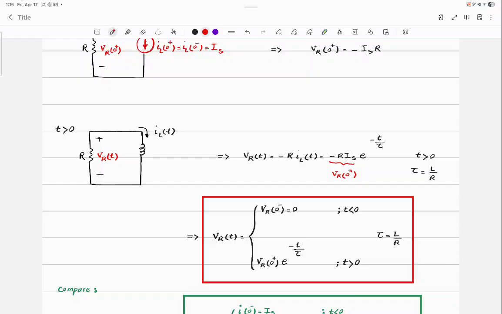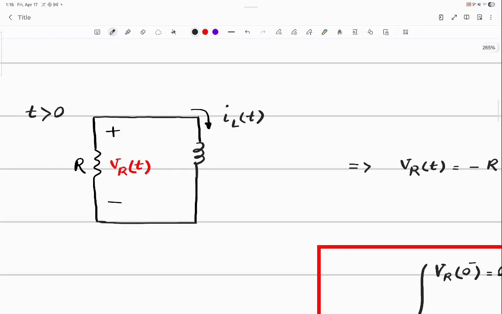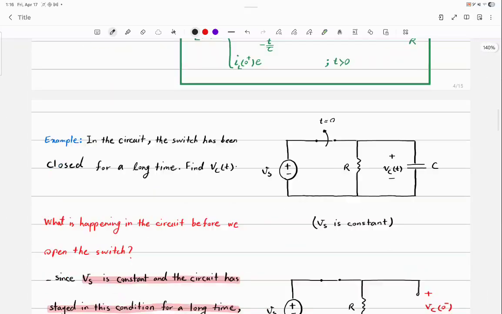What if instead of 1R, you have a whole network? Find the equivalent resistance from which terminals? The terminals of the inductor. Did that make sense to everyone? Compare it with this one, see? From the terminals of the inductor, whatever equivalent resistor is connected to the inductor is going to act as your equivalent resistance used in the formula for time constant.